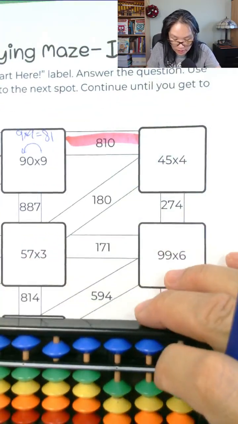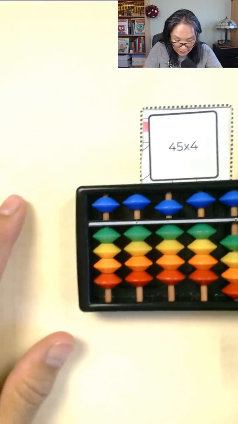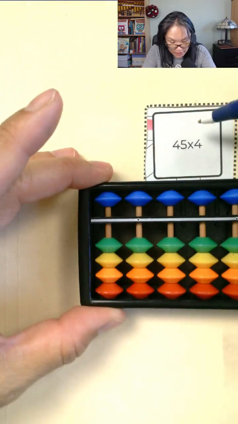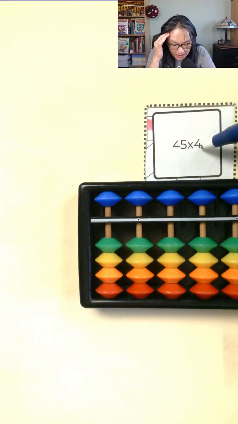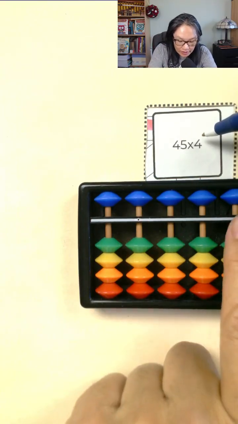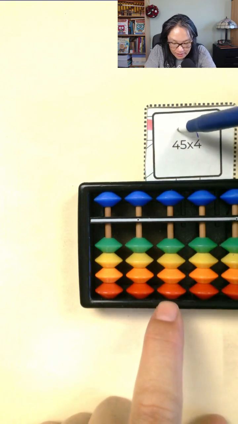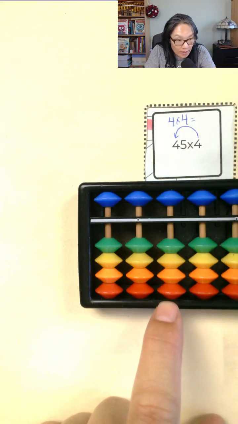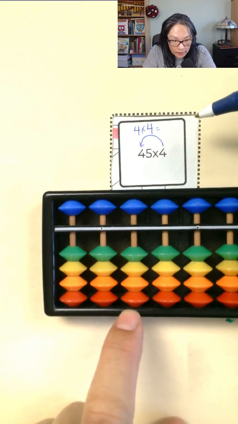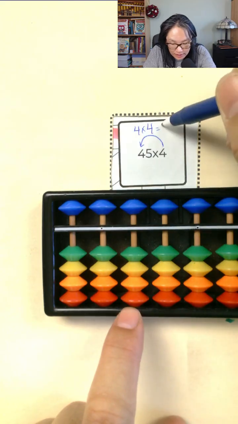So that is 810, and then we have this. Again, that's why we need to figure out our place value, because then the abacus will hold the place values for us. So we count to 3, 1, 2, 3. 4 times 4 is 16. Thank you, Tammy.